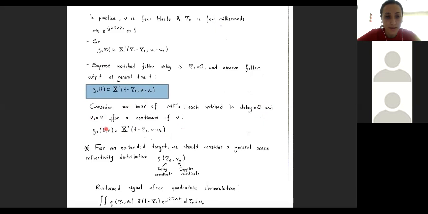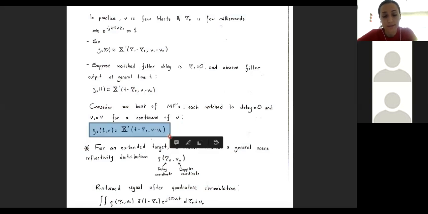In that case, we can view our match filters as a function of their v parameter as well, and it's going to be simply equal to the ambiguity function evaluated at t minus tau0 and v minus v0. This is what we will measure at the output of an infinite bank of match filters, if you view the output as a two-dimensional function.